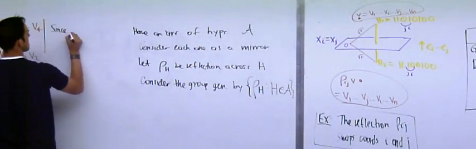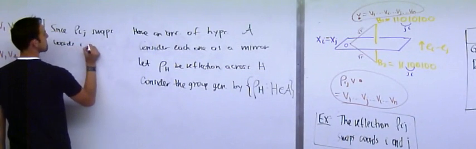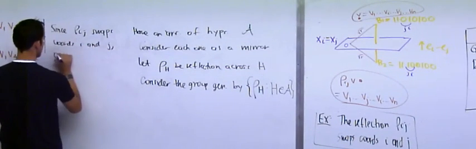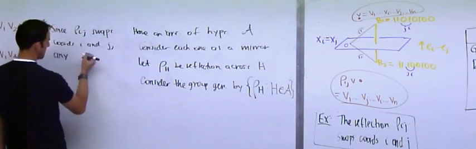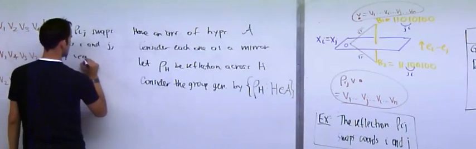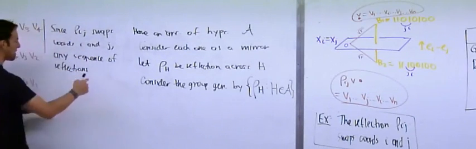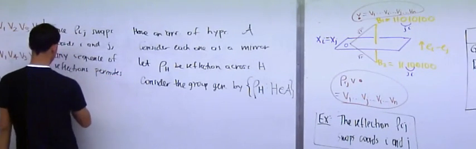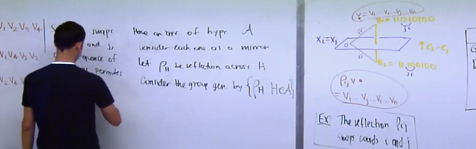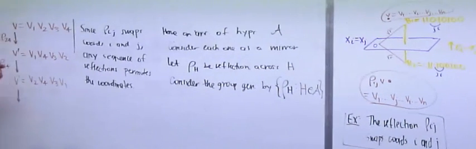Since rho ij swaps coordinates i and j, any group element, which is a sequence of reflections, simply reorganizes the coordinates, permutes the coordinates. And so that immediately proves to me that my group is finite because the images are finite.